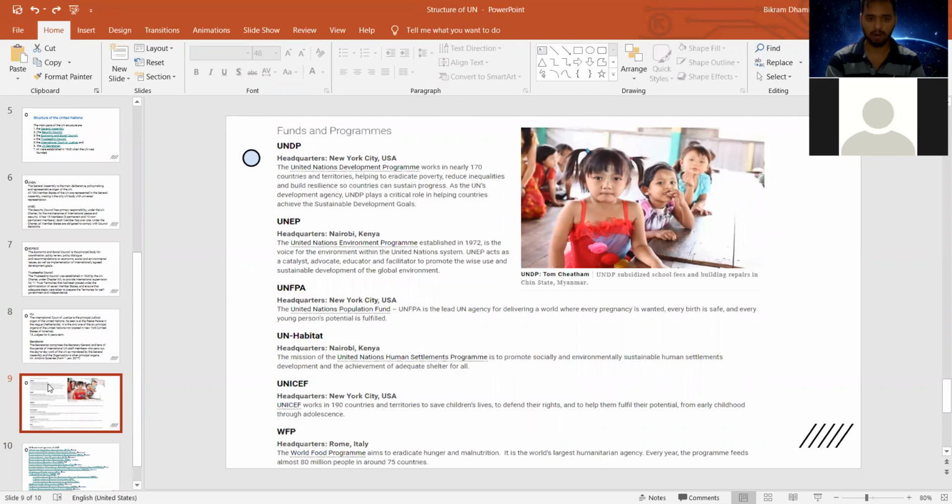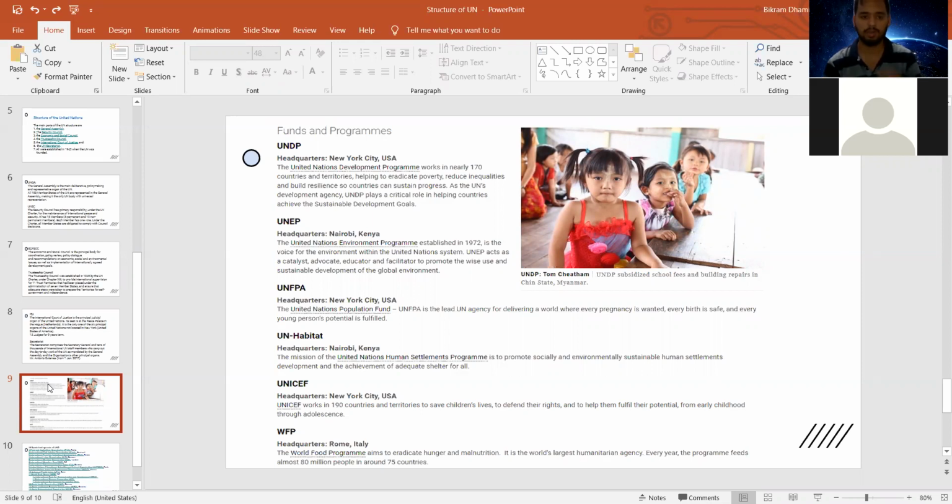These are the funds and programs of the United Nations. One of them is UNDP, the United Nations Development Program. Its headquarters is in New York, United States. It is a program through which nearly 170 countries and territories are helping to eradicate poverty, reduce inequalities, including gender inequalities, and build resilience so countries sustain progress.